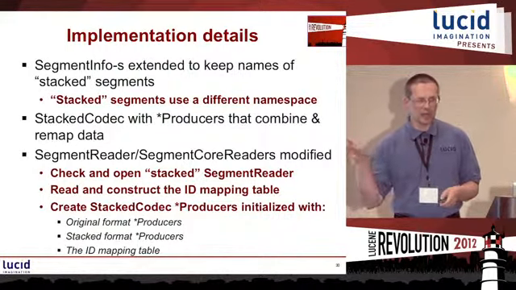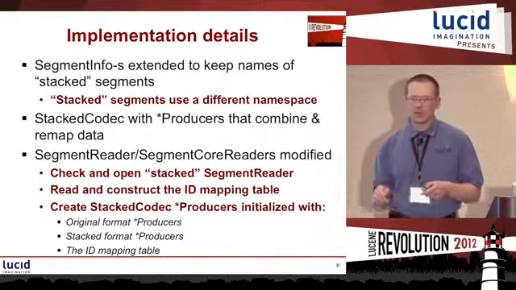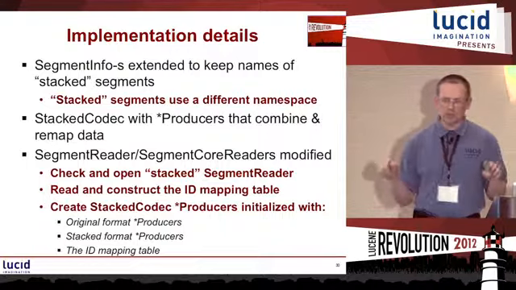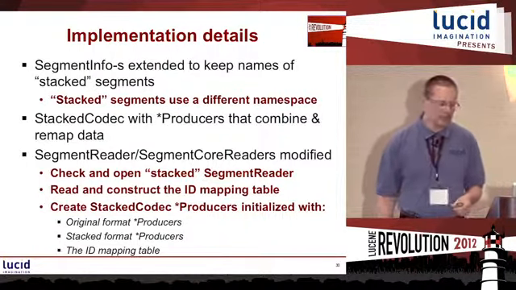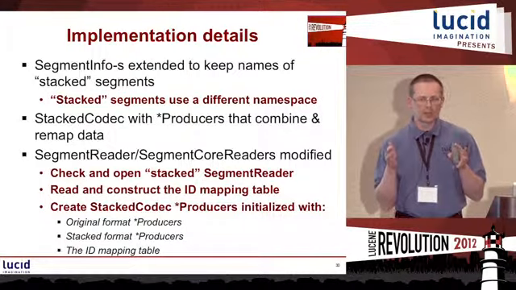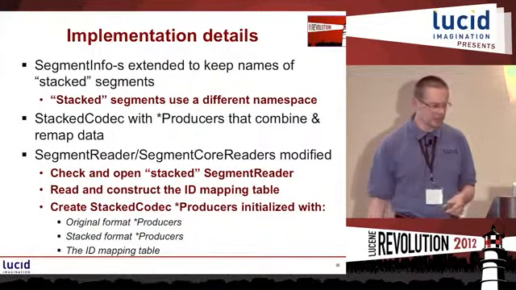That's the Codec API stuff. And then they should initialize these stacked producers that combine this data on the fly. And also they should initialize this mapping table that is a shared structure among these different producers.